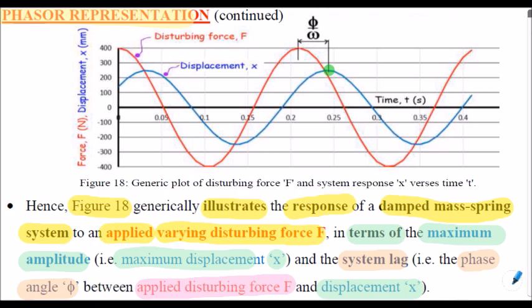So essentially we've produced an analysis of our damped mass spring system, so we can now determine the response of our system when subject to an applied disturbing force in terms of the maximum amplitude, maximum displacement, and the system lag angle phi.